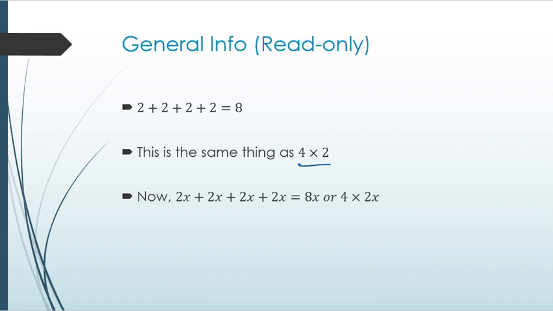Now, if we add algebra to this aspect, yeah, I have 2x plus 2x plus 2x plus 2x, which equals 8x. But another way, instead of writing 2x plus 2x plus 2x plus 2x, I can just write 4 times 2x, and this means the same thing as 8x as well. So basically, you are just multiplying the numbers in front, 4 times 2, which is 8, okay?